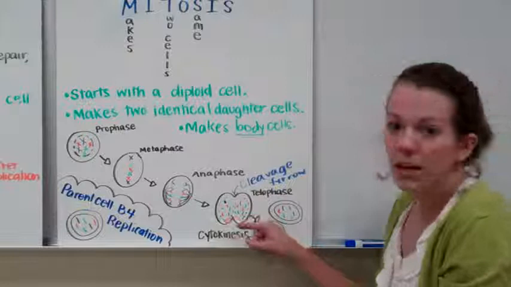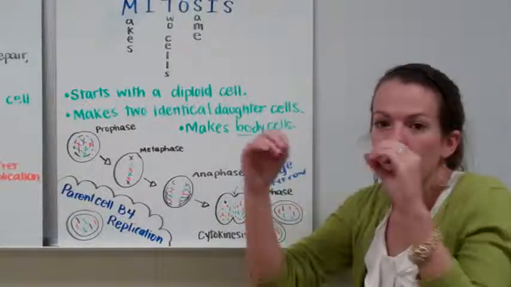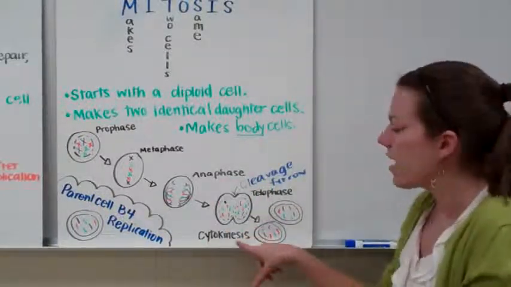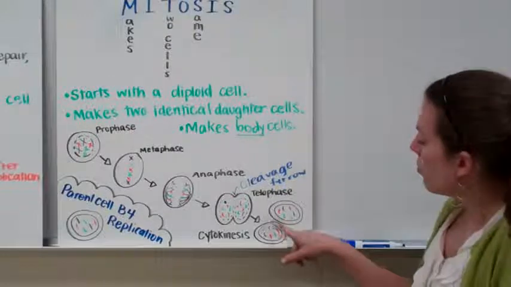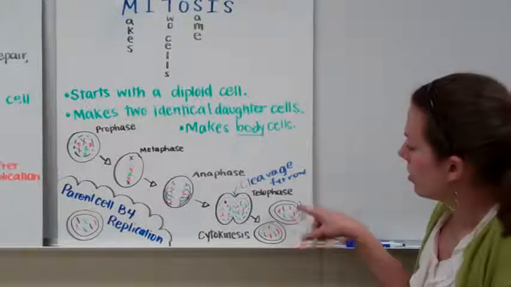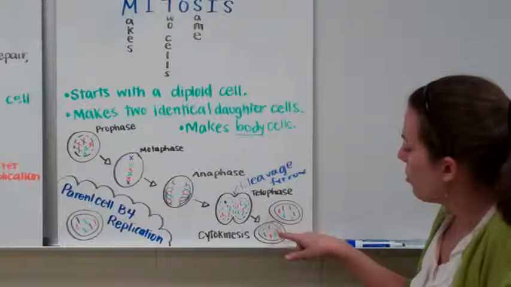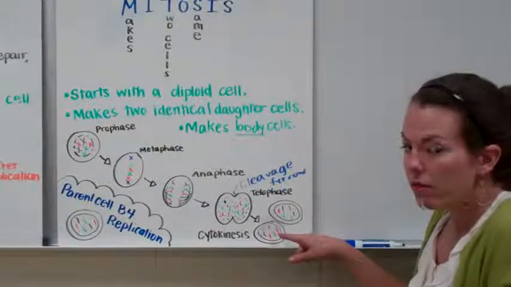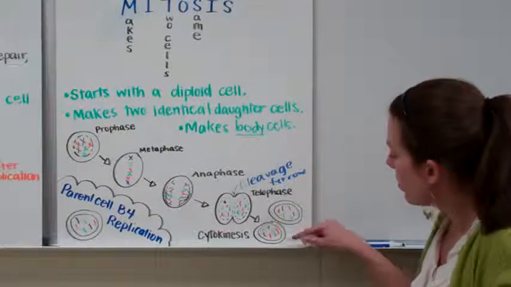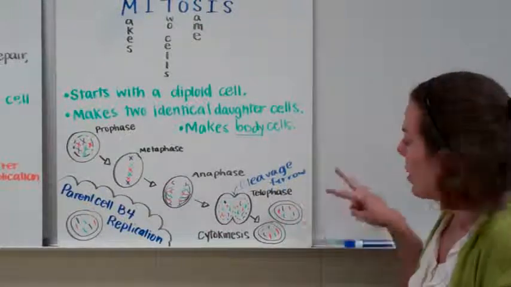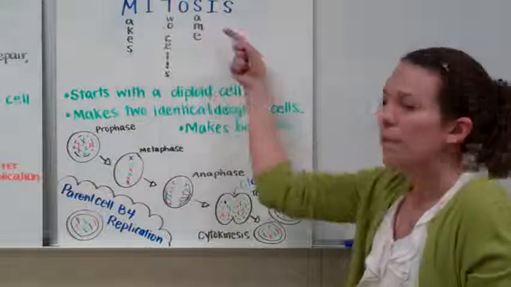Alright, after the cells begin to pinch apart, they eventually completely pinch apart. And that is called cytokinesis. So we end up with 2 cells, and they each have 2 of each chromosome. You see we have 2 purple, 2 green, 2 orange, okay, in the first cell and the same in the second cell. So our cells are diploid at the end. So we've made 2 diploid cells in mitosis.